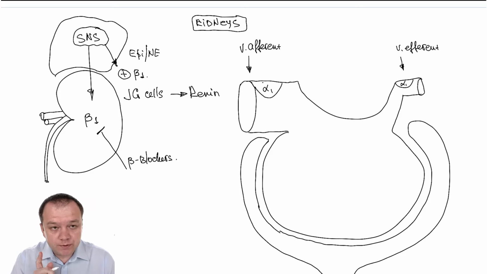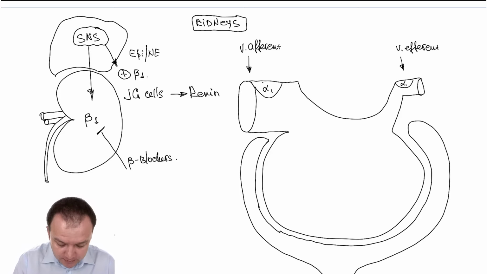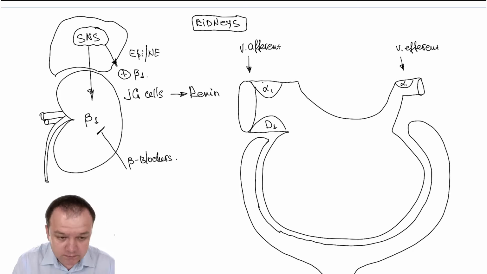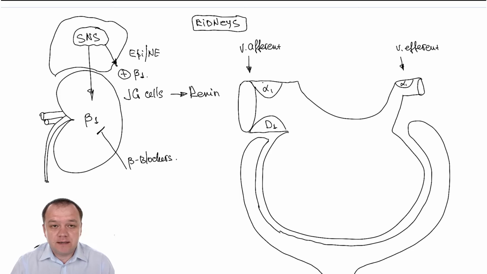But what should we keep in mind? We should keep in mind that vas afferent has D1 receptors. What does it mean, D1 receptors? It's dopaminergic receptors type 1. In general, we have 5 subtypes of dopaminergic receptors, and many of them are located in the central nervous system, but at the periphery we have D1 receptors for dopamine.